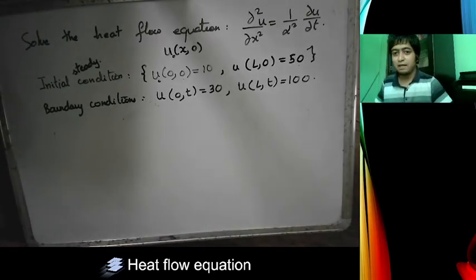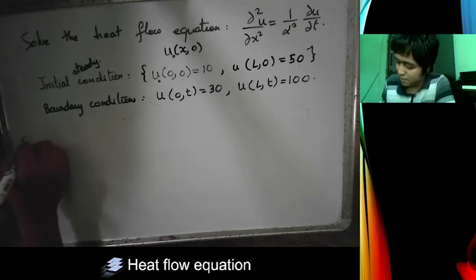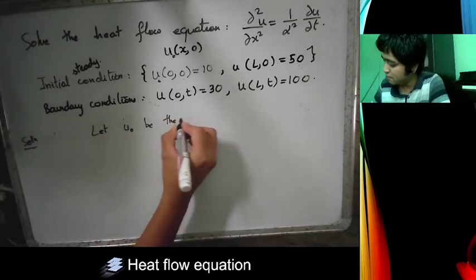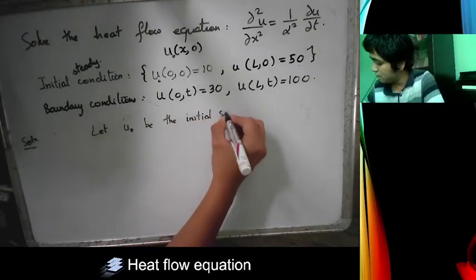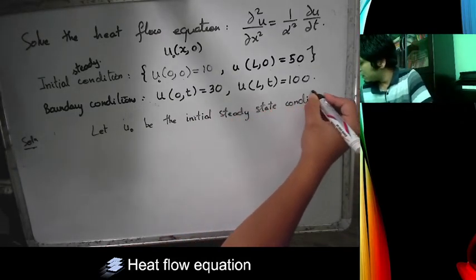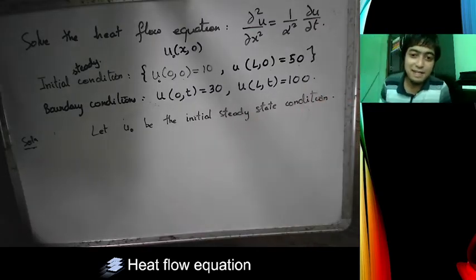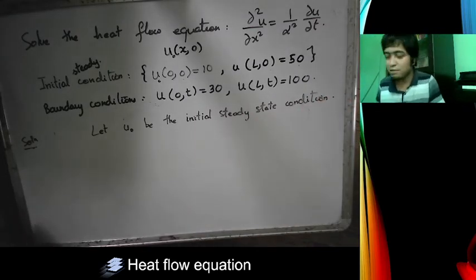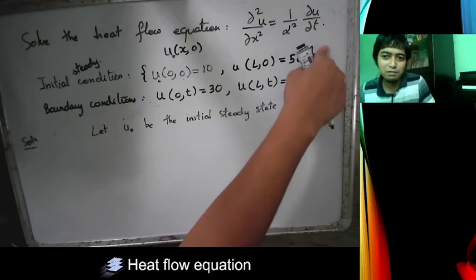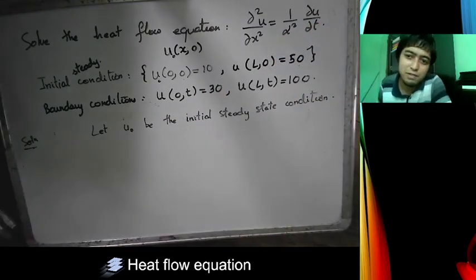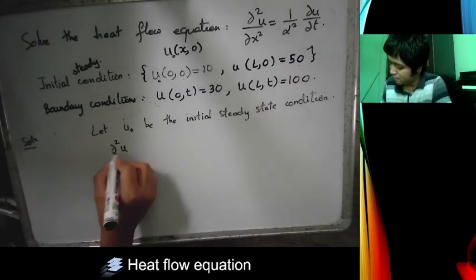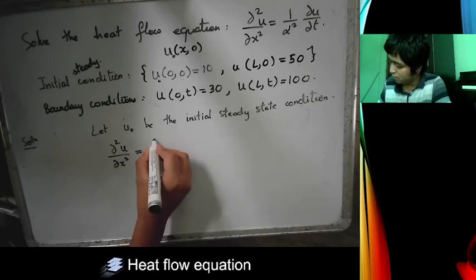So solution: let u0 be the initial steady state condition, and this initial steady state condition no longer depends on time. So if you substitute it over here, del u0 del t will be equal to 0 because it no longer depends on time. So we will have del squared u del x squared equal 0.